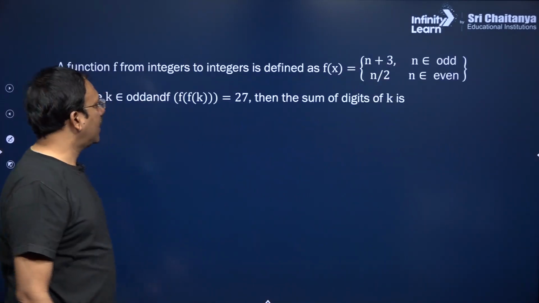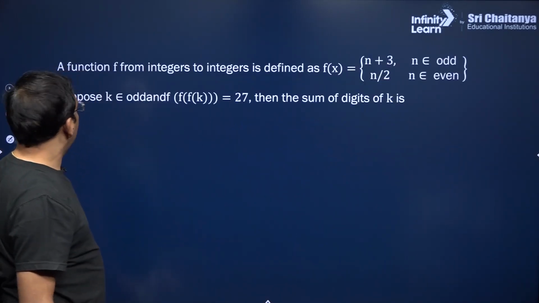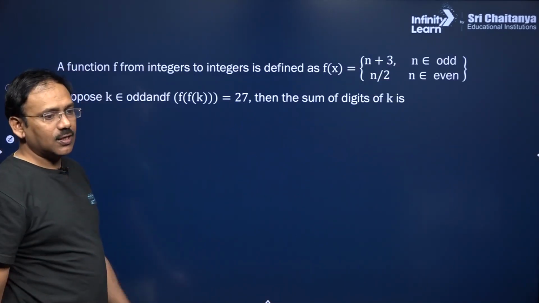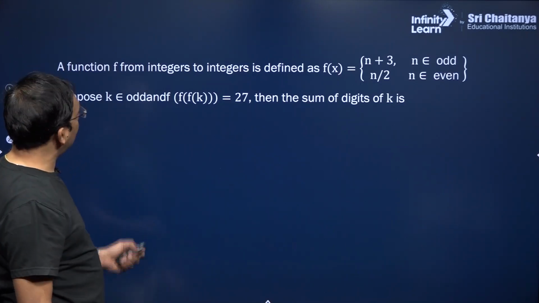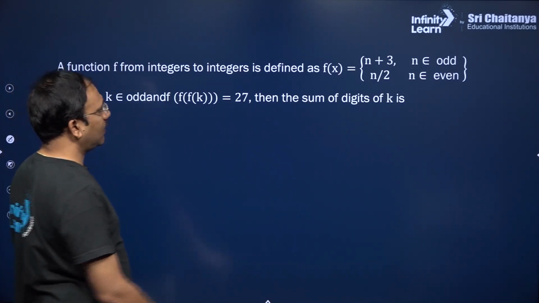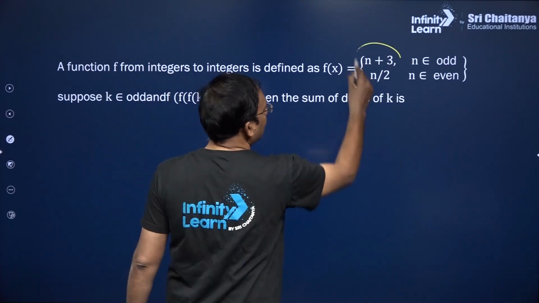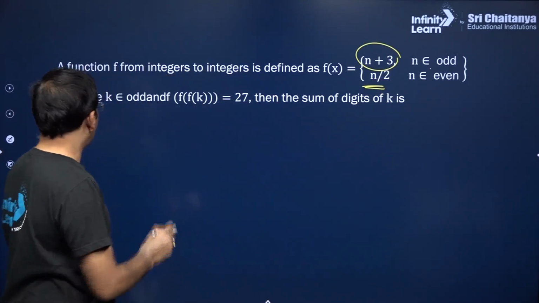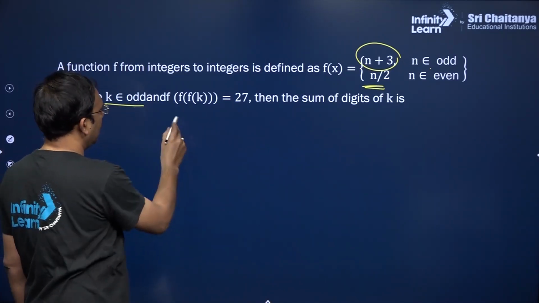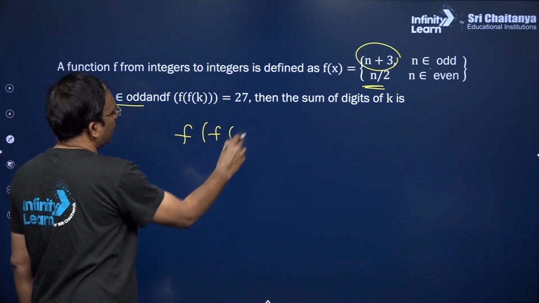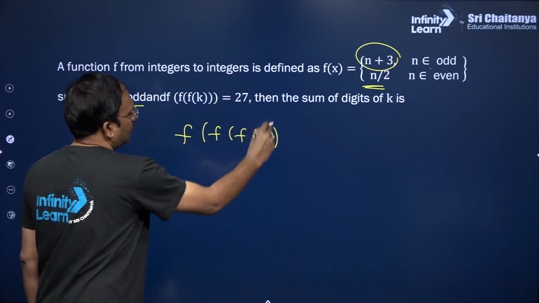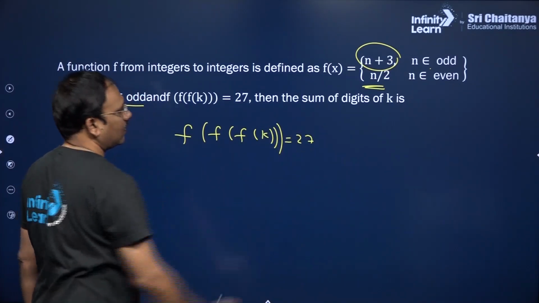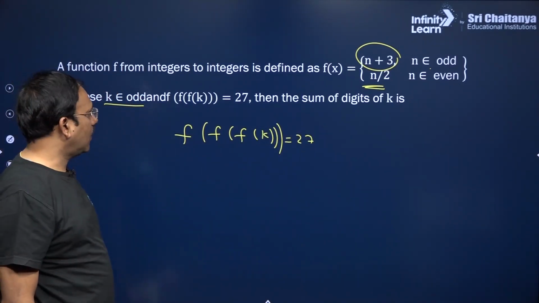That's all. Next, you see this question: f of x is a function from integers to integers defined by f of n is n plus 3 if n is odd, n by 2 if n is even. Now k is odd and f of k is going to be 27, then find the sum of the digits of k.